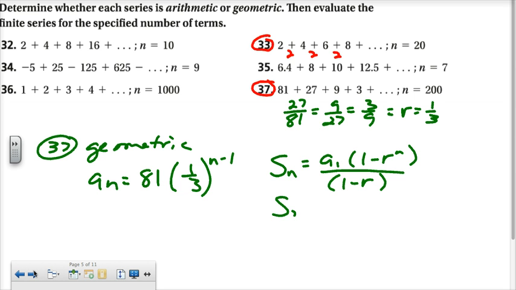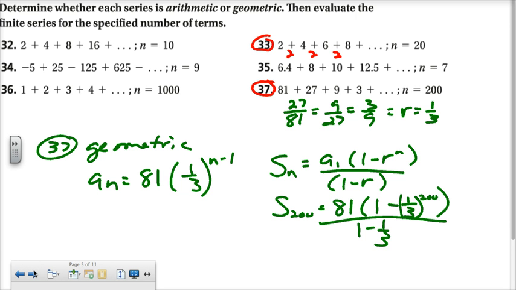And I need the sum of the first 200, where the first one is 81, times 1 minus, well, we have 1/3 for our r value, and that needs to be raised to the 200th power, all over 1 minus 1/3.